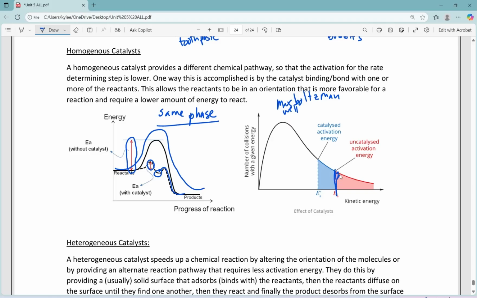And so that means only this shaded amount in red have enough energy to go to products. But when I catalyze the reaction, I'm essentially lowering the energy threshold. And so I'm going to see many more particles that have enough energy in order to form products.